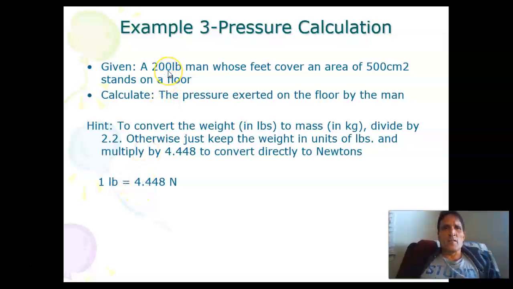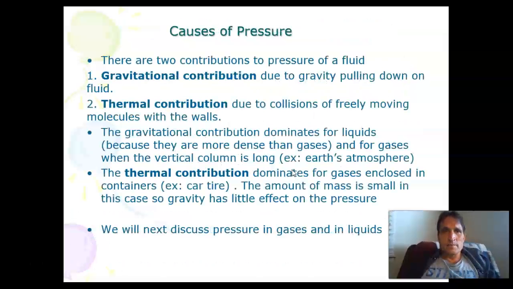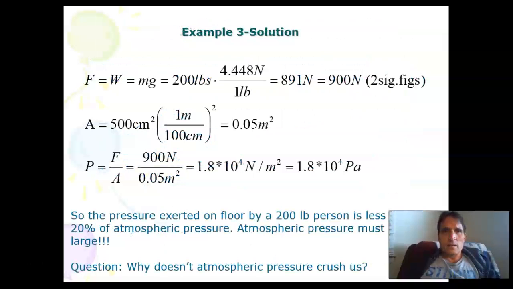So we need to convert 200 pounds to units of newtons. Then we need to convert square centimeters to square meters. And we convert pounds to newtons. So 200 pounds is 891 newtons. And the area, 500 square centimeters, we use the conversion factor 100 centimeters per meter.